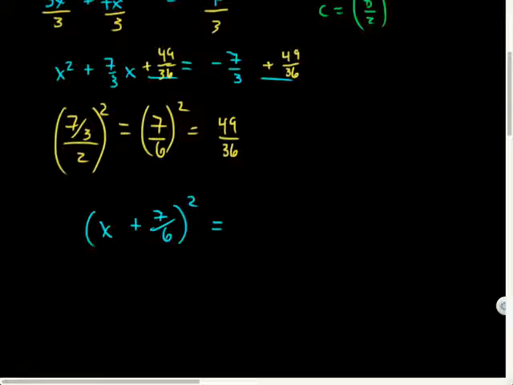And on the right, I'm going to need to find a common denominator. So I'm going to multiply this by 12/12 in order to do that. 7 times 12 is 84, so -84 over 36, plus 49 over 36. What's that going to be? It's going to be -35 over 36, I believe.